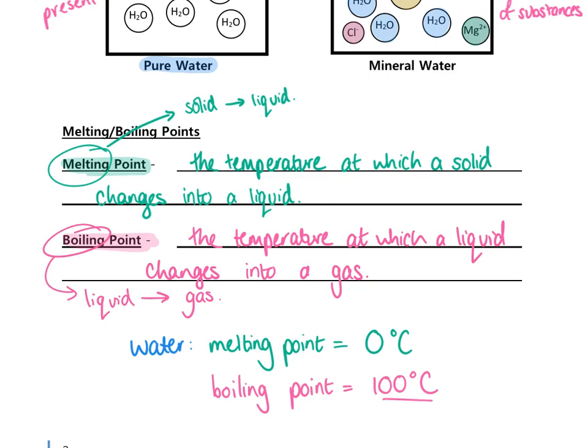And if we think of water as our example, that is ice turning into water. The boiling point of water is 100 degrees C, and that's the temperature at which water changes into steam. So those definitions you need to be clear on. They're very straightforward, but it's just about getting them right and actually explaining what melting point and boiling point actually mean. Those could be a 2-mark question.